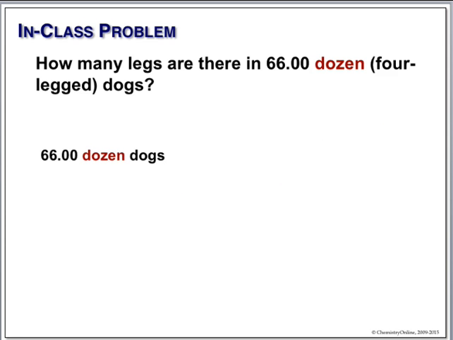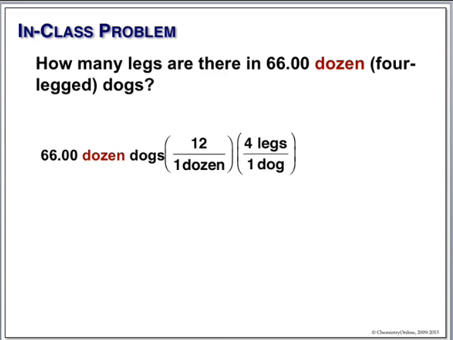There's our given, 66 dozen. Our ratio. Remember, we have to have dozen in our denominator. 12 for every dozen. We also have 4 legs on every dog. Dozen's going to cancel. Dogs are going to cancel.